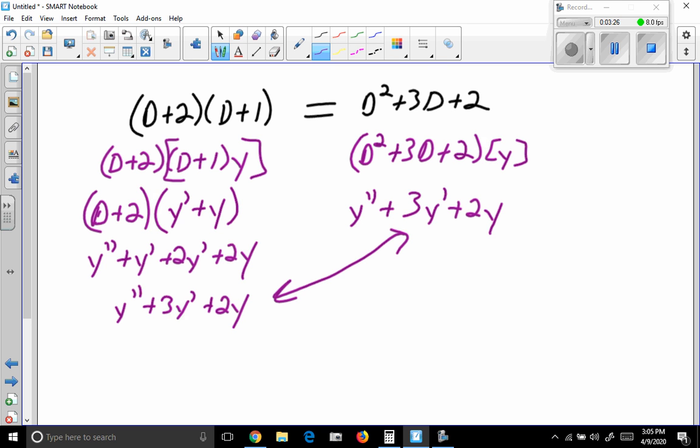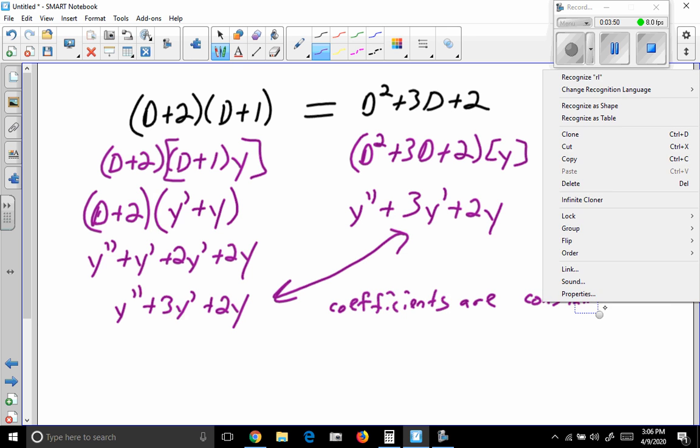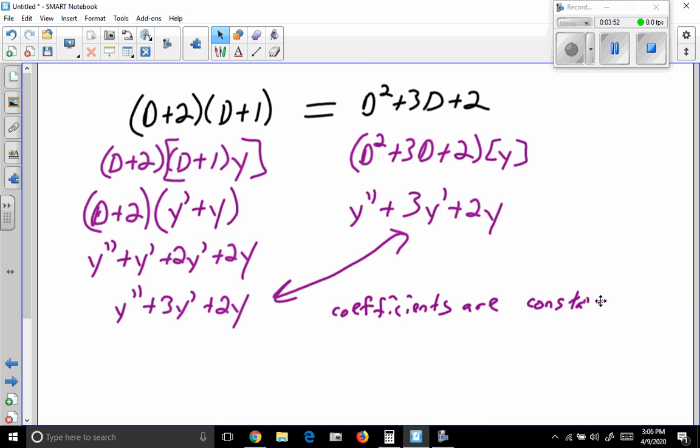So it would seem to indicate that any time we have a polynomial or have something of this nature, these two are always the same. But it's going to turn out these are the same as long as our coefficients of D are constants. If we introduce coefficients that are not constants, then we run into some problems.